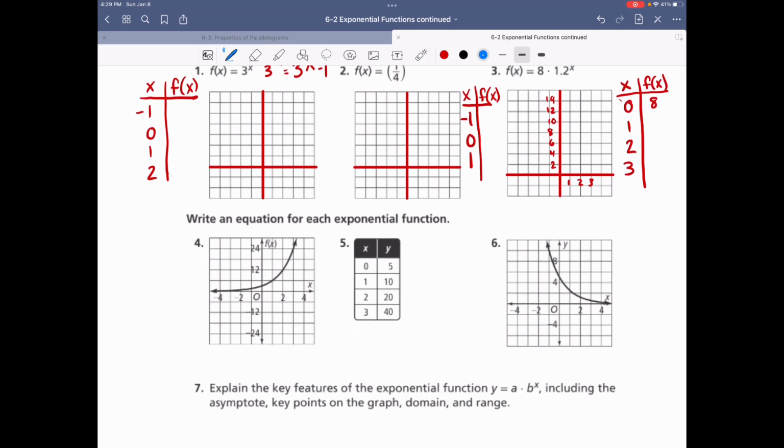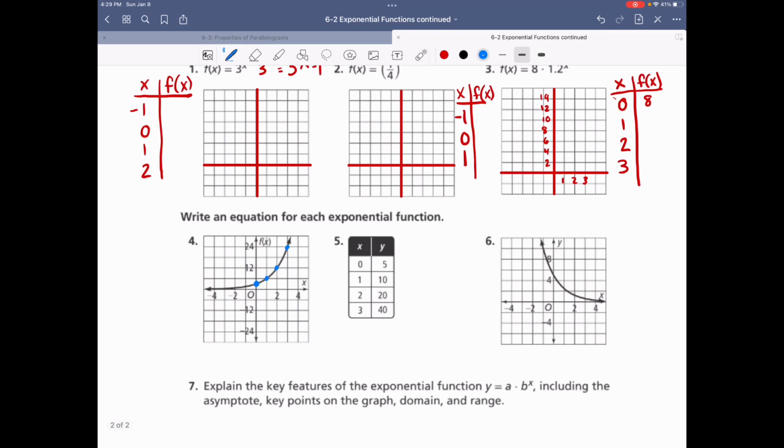Write an equation for each exponential function. So for this function, we have this initial value here, and then we're going up. It's increasing. So these are the points that are important. When x is 0, when x is 1, when x is 2, and when x is 3.